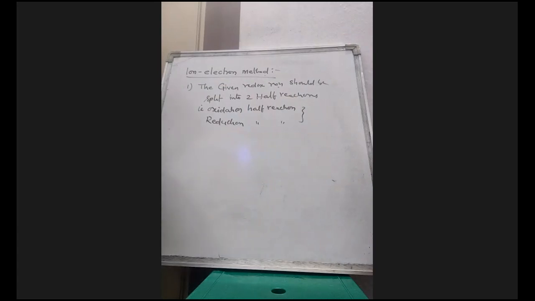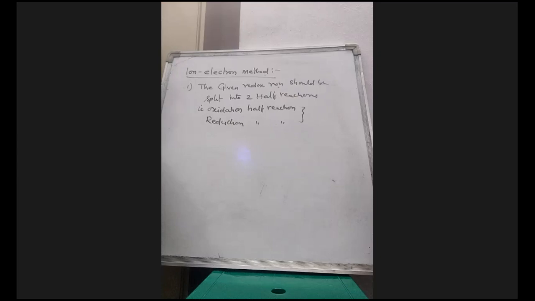In the ion-electron method, the first step involves splitting the given redox reaction into two half reactions, that is, the oxidation half reaction and the reduction half reaction.